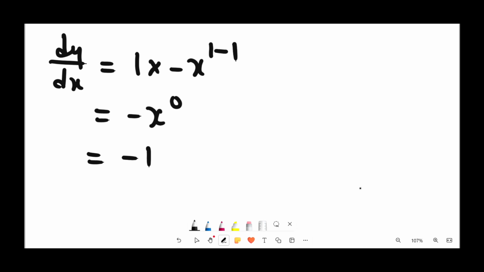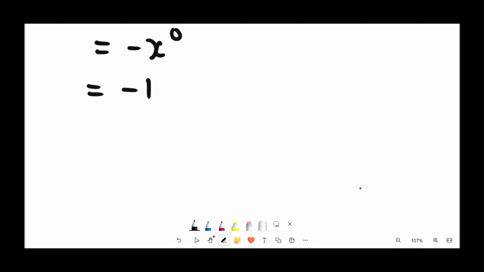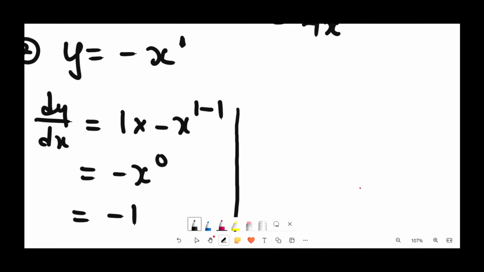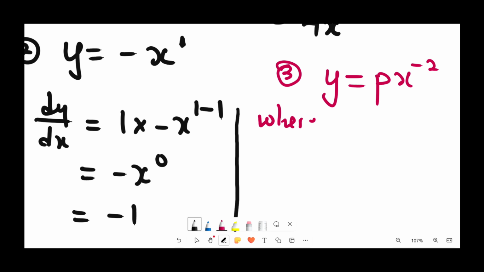Right, let's take other examples. Suppose I have another function, that's question 3, I have my function to be p x having a power of negative 2, where p is a constant.